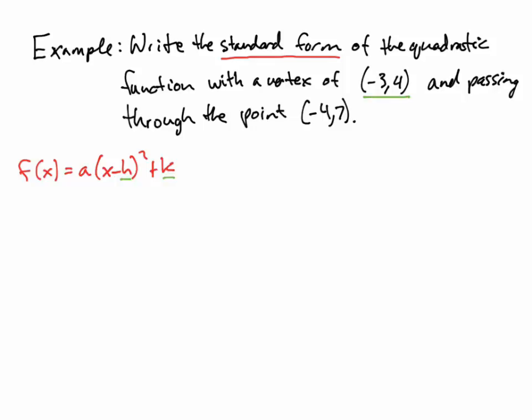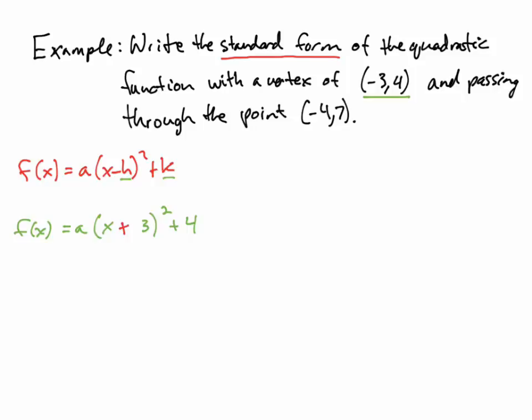So we're given a vertex, (-3, 4), so we can go ahead and input these values. So (x minus -3) squared plus 4, and that's equal to f of x. If I clean up these two negatives and make that a positive, we will have this.